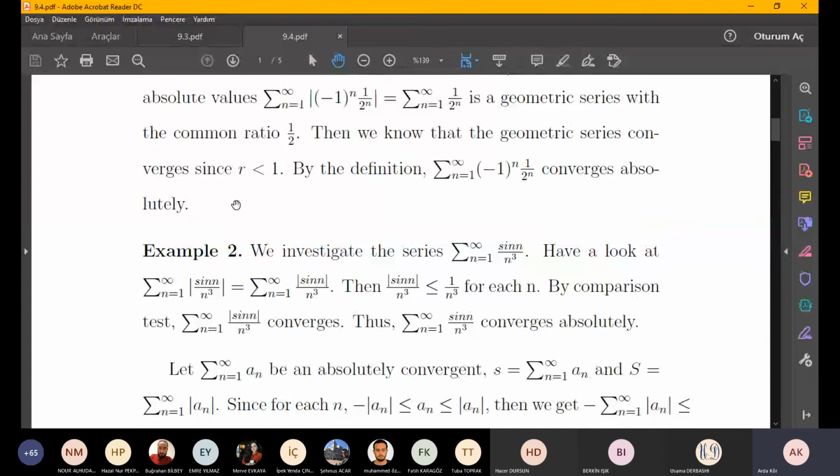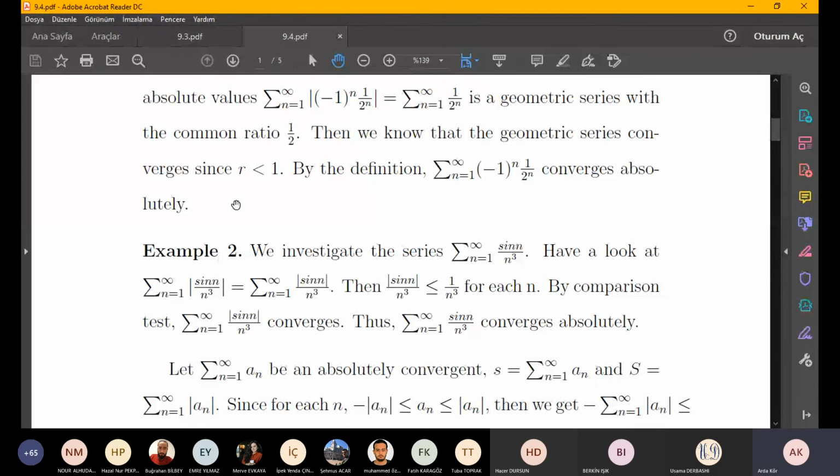So in chapter 9.3, and generally also here in 9.4, the thing we always try to find is the behavior of the series, whether it is convergent or divergent.